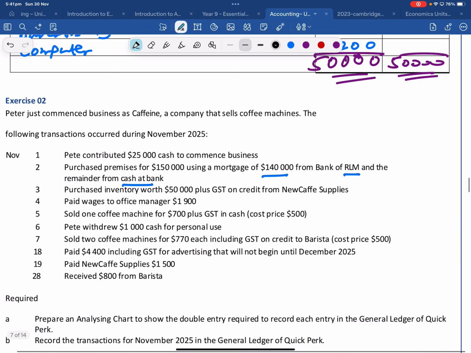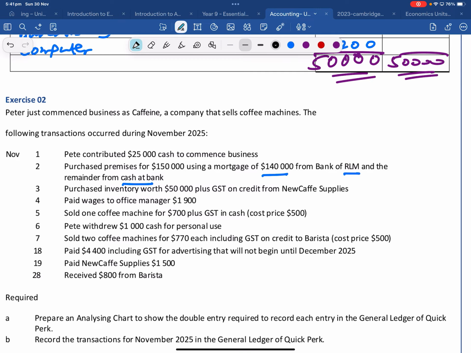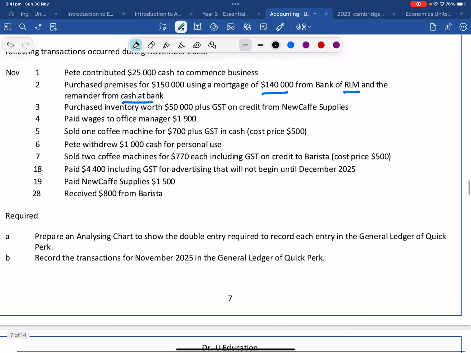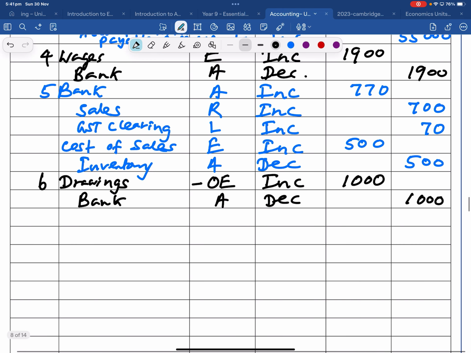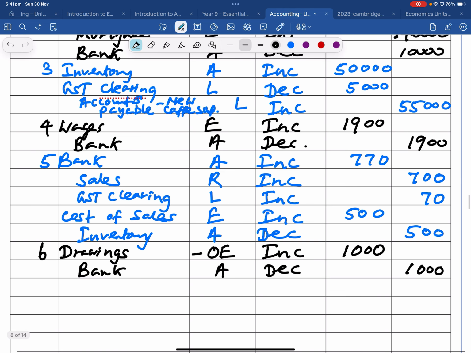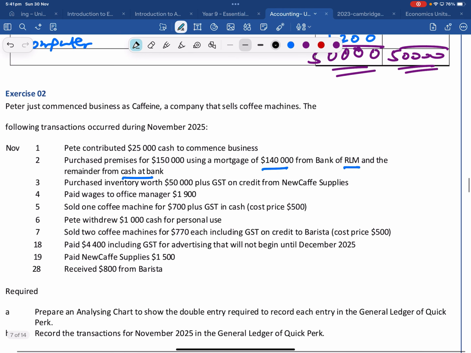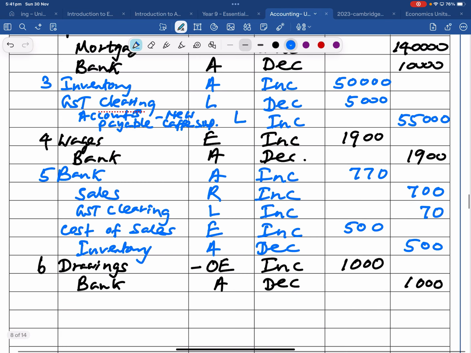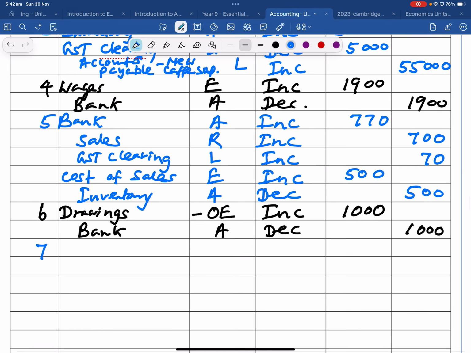Next one. Sold 2 coffee machines, 770 each, including GST on credit to Barista. Right. Okay, guys, your turn. We'll discuss first. Bank asset increase. Increase accounts receivable. Bank or accounts receivable?